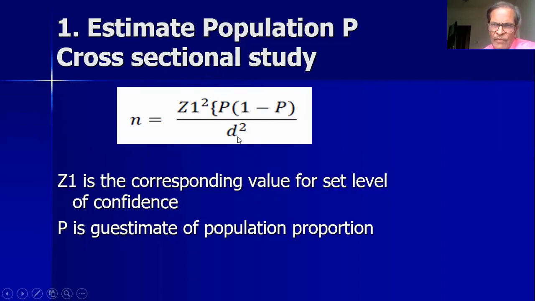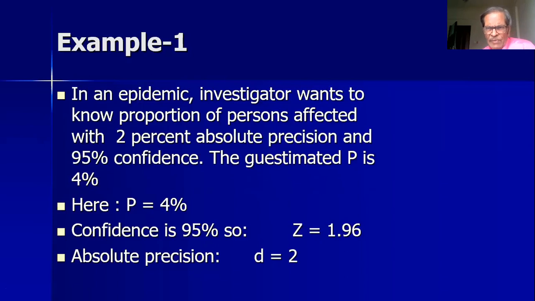And D is the precision with which you want to have your estimate. So the nearer your expected value is to the P, that means you want a greater precision, and the D value will be less and less. And if the D value is less, then the sample size will be more and more. This is an example of this type of exercise.